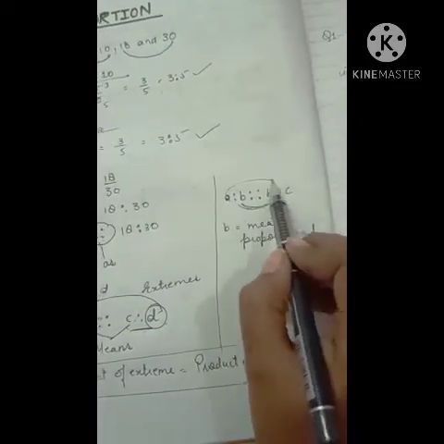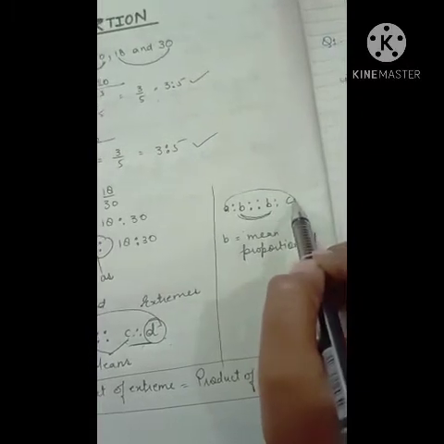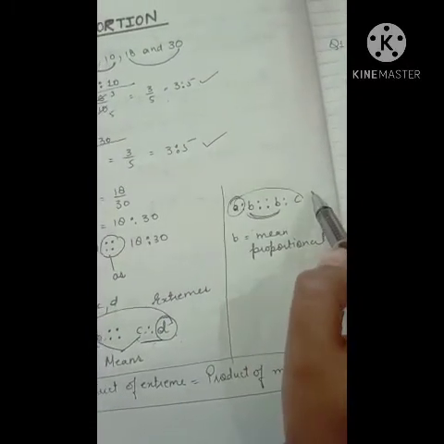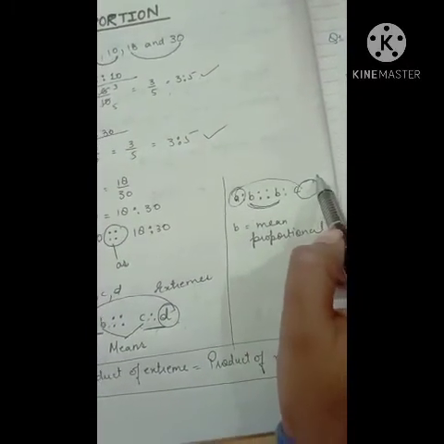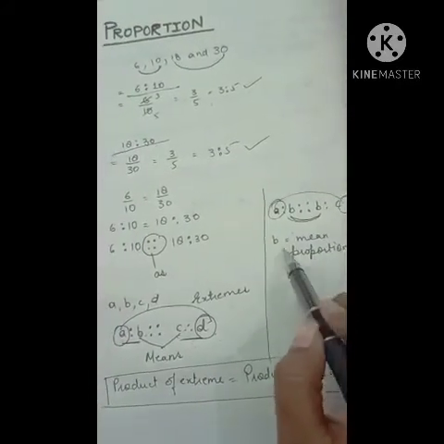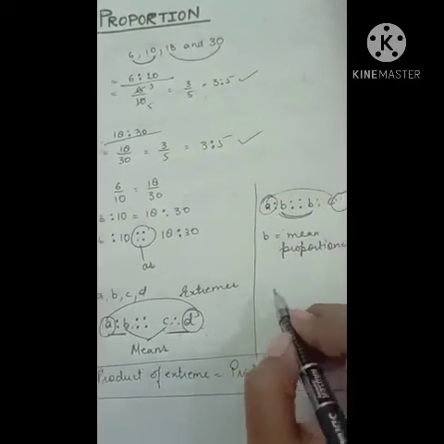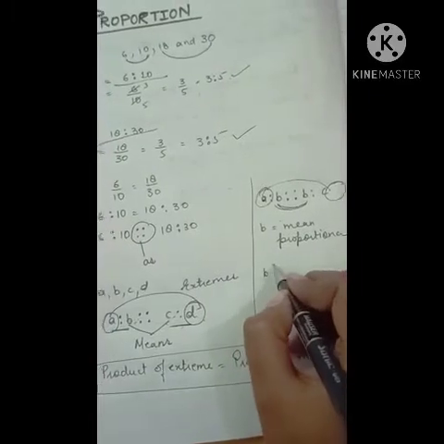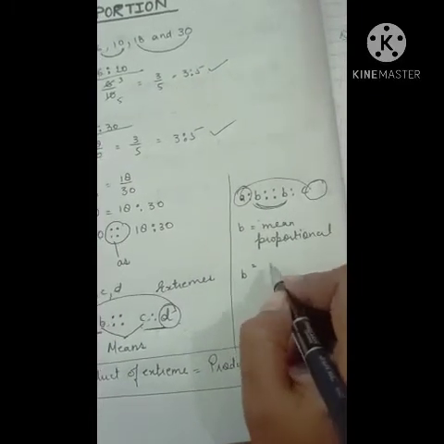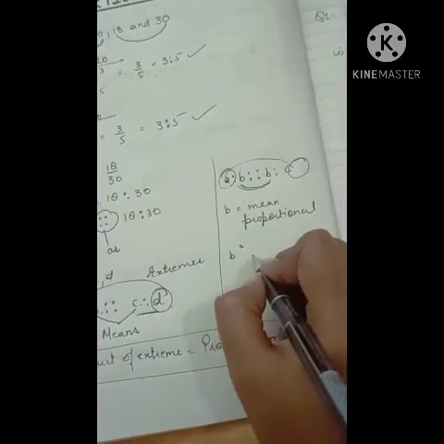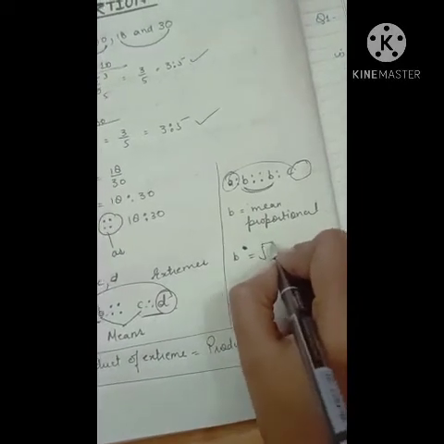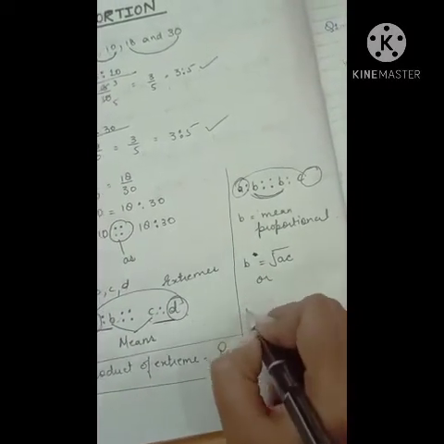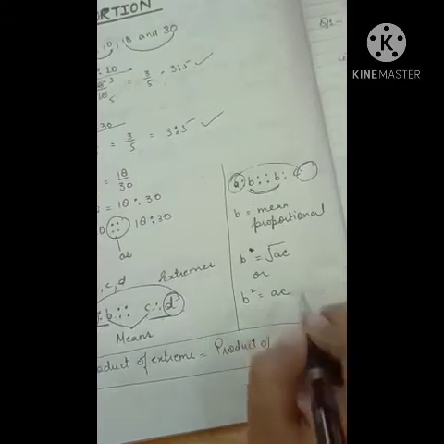And A and C are known as the first proportional and the third proportional. And to find the mean proportional, the formula is B square is equal to AC, or you can say B is equal to under root AC.